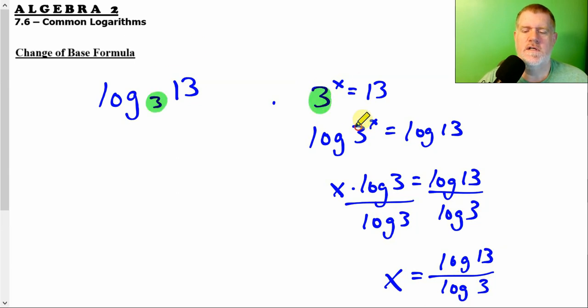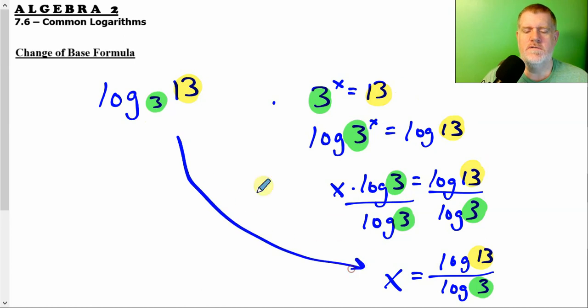Here's 3. Here's 3. Okay. Here's 13. So I want you to look from this one to this one. How did I calculate this without using a log base 3? See what it changed into?